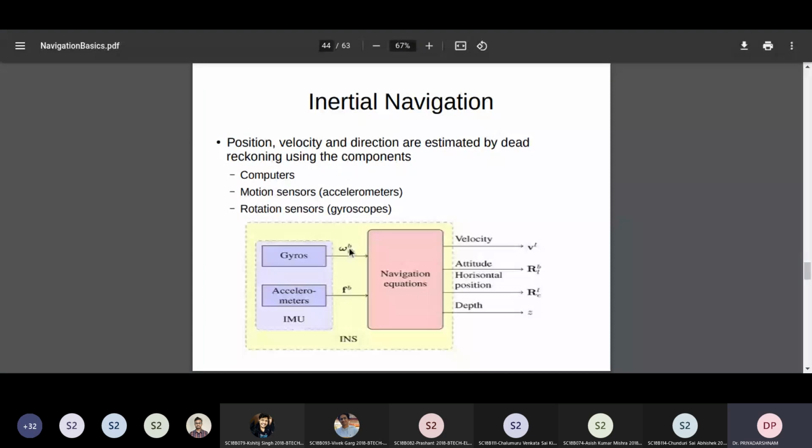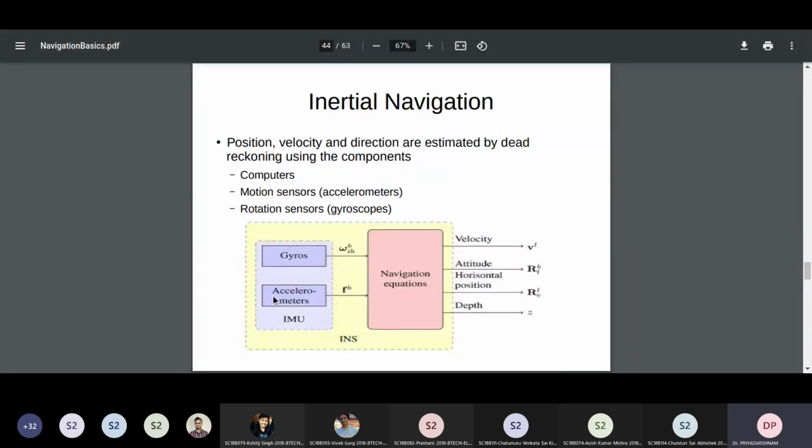If you have a rigid body and you draw fixed orthogonal axes onto the rigid body, and those axes move with the rigid body, then you call it a body frame. The rotation sensors are attached onto the body, so these are the body rates or body measurements.